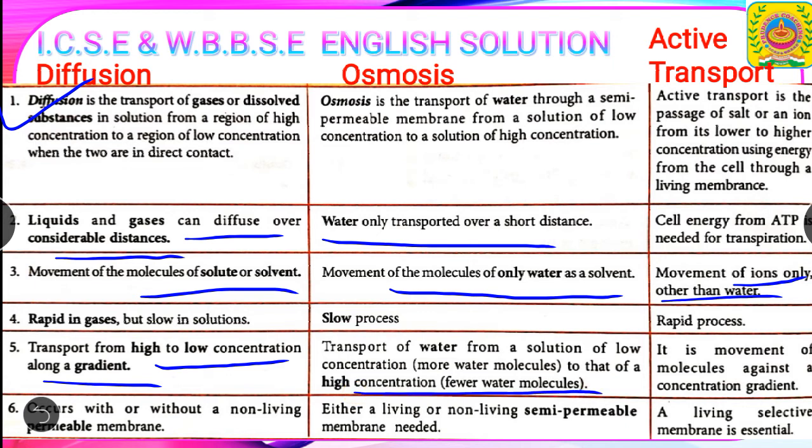In active transport, it is the movement of molecules against the concentration gradient. Number 6, diffusion occurs with or without a non-living permeable membrane, but in osmosis a semi-permeable membrane is used. And in active transport, a living selective membrane is essential.